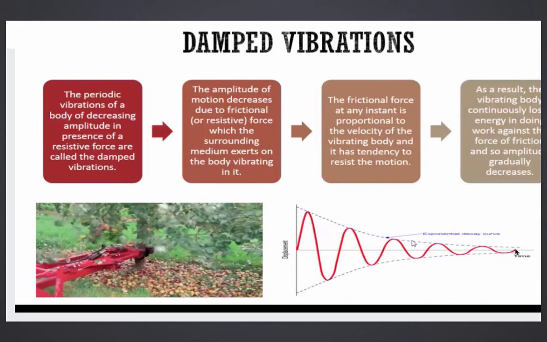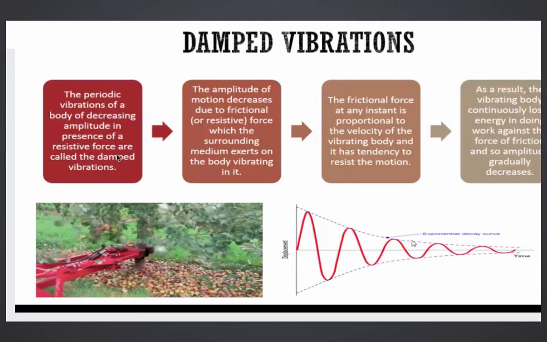Graphically this is how we understand: the amplitude decreases and ultimately ceases, it stops. So let's now define the periodic vibrations of a body of decreasing amplitude. The amplitude is continuously decreasing in the presence of resistive force. Here the condition is the presence of any kind of resistive force.